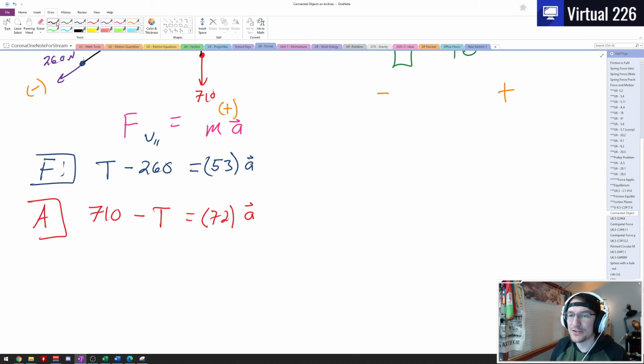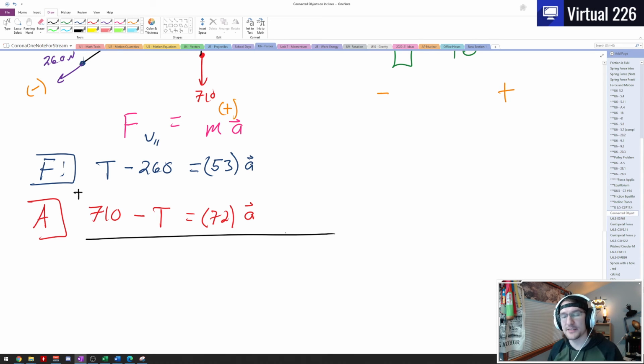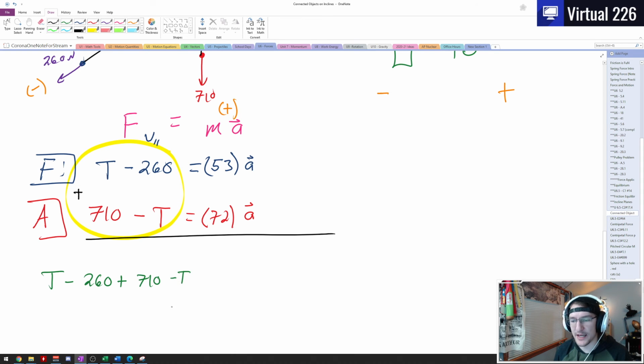Then I can actually add these equations together. I set the system to be added, and I take all of the values on the left and put them into one large equation. That equation would read tension minus 260 plus the 710 minus the tension.